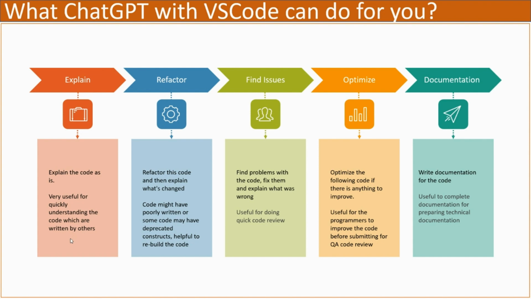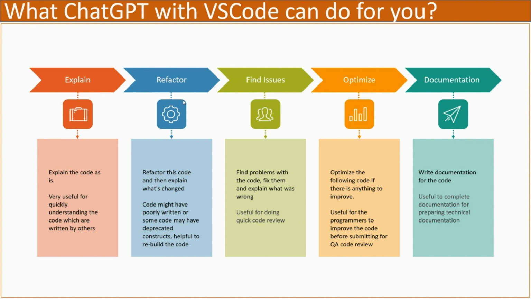Next thing, ChatGPT can be used for refactoring a code. You can use the existing code, refactor the code, and then see what all got changed over a period of time. Say for example, you have a code.